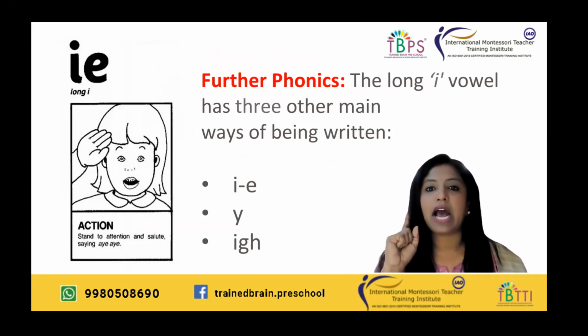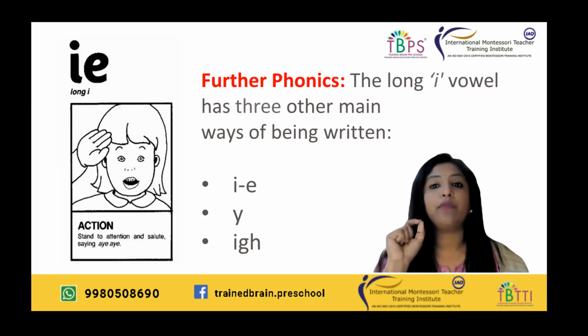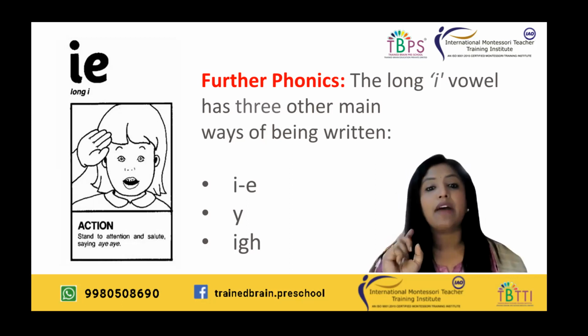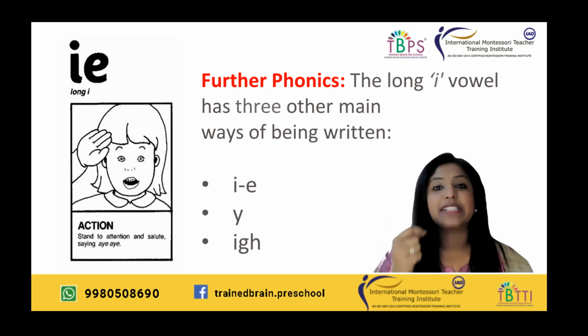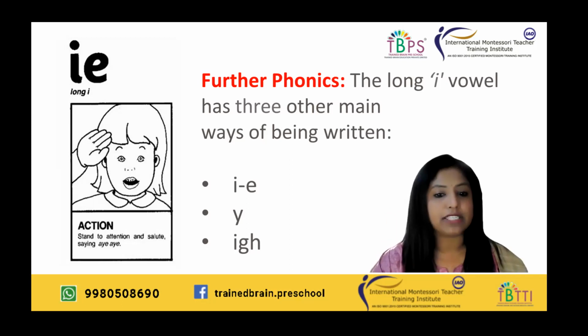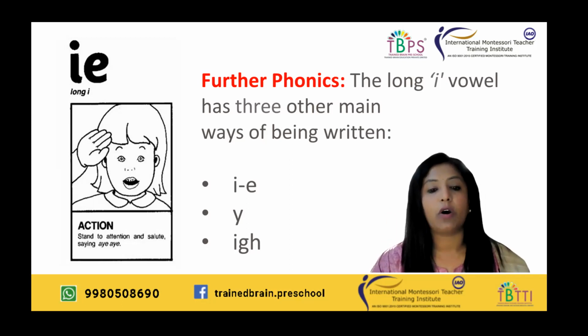That makes the I sound. I would have my letter Y in some of the words making the I sound. When I have a combination of I-G-H, it makes the sound I. Okay, so these are the three alternative spellings for the same I. That is a long vowel sound.